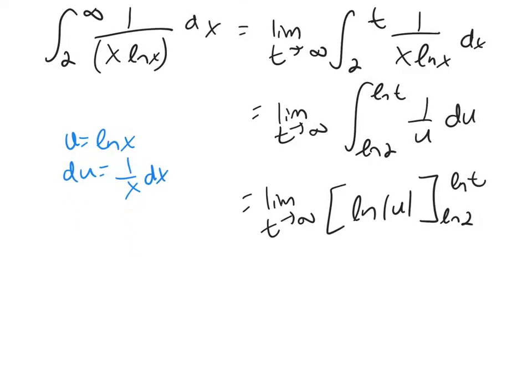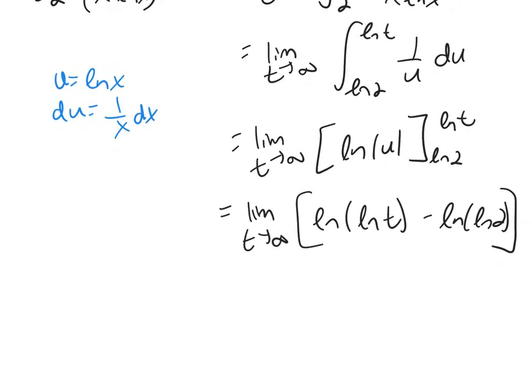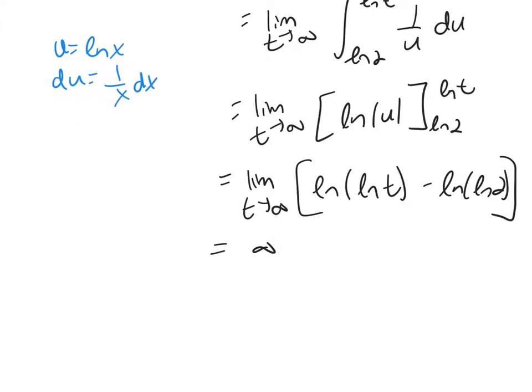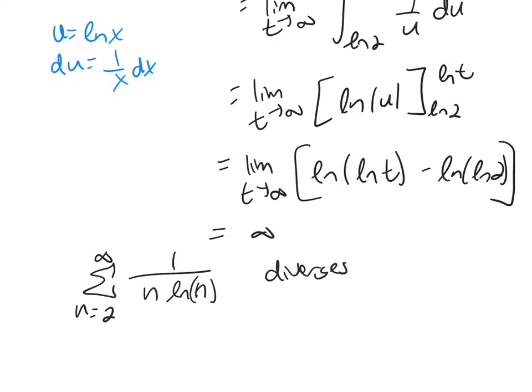So then this would be the limit as t goes to infinity, ln of t minus ln of 2. Well, that limit would be infinity. And so the integral diverges, which means the series diverges by the integral test. So my series diverges by the integral test.